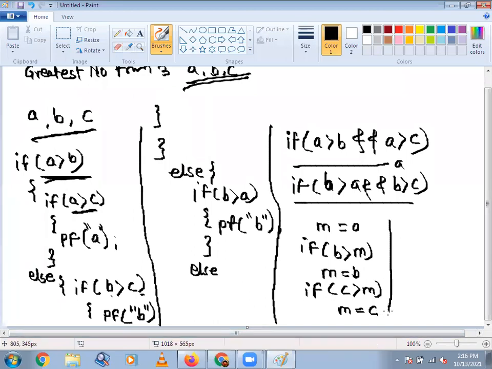This is the third method. What is the fourth method? Can we write without if statement? Or with if, but without logical operators, can we write? Yes, by using the ternary operator. So for the same program, there are different algorithms, different methods.